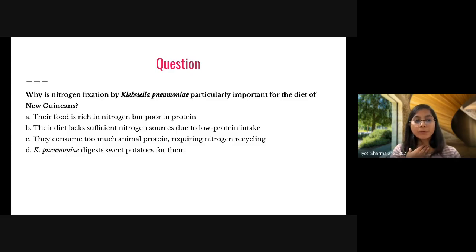And we have four options. A: their food is rich in nitrogen but poor in protein. B is their diet lacks sufficient nitrogen source due to low protein intake. C is they consume too much animal protein requiring nitrogen recycling. And D is K. pneumoniae digests sweet potatoes for them.